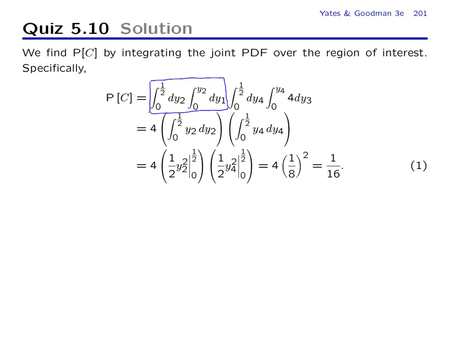So this integral in the box corresponded to the integral we did on the very first slide, where we had a joint PDF of y1 and y2, and we found the probability of being in this box, in this triangle.